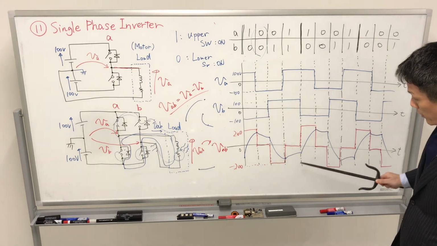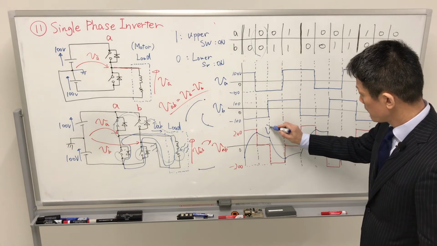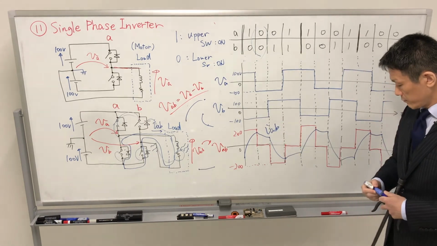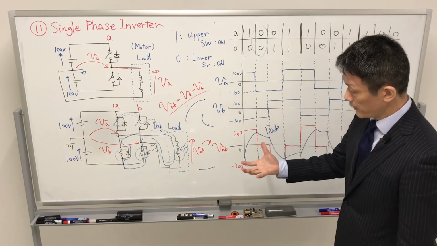This way we can obtain the IAB. IAB means the alternating current. So we can obtain the AC current.